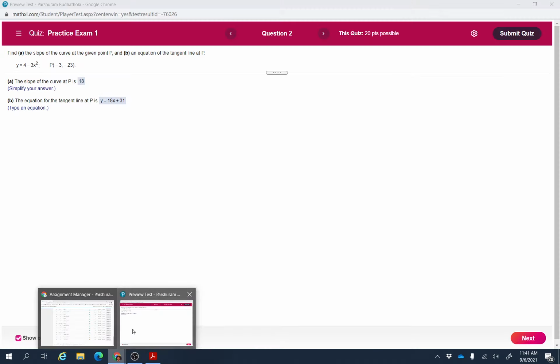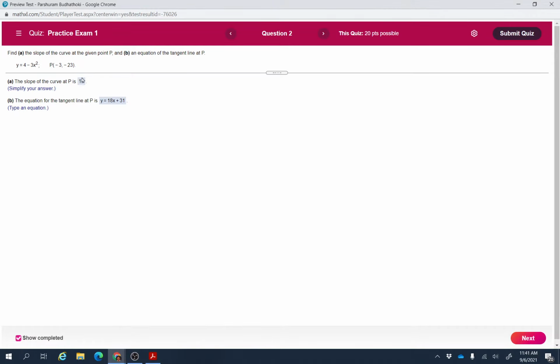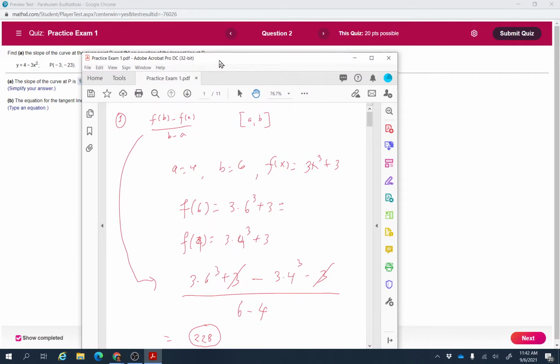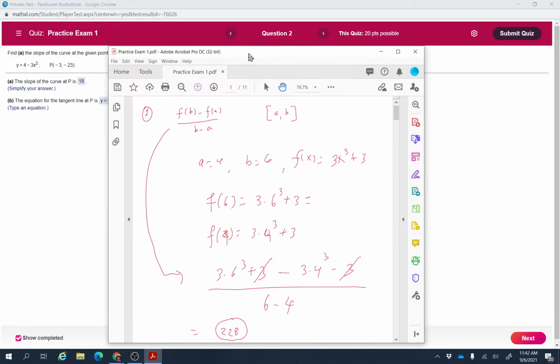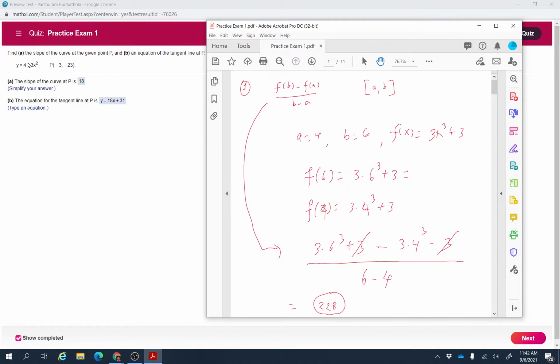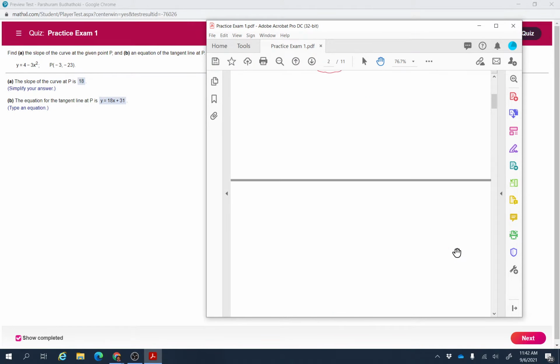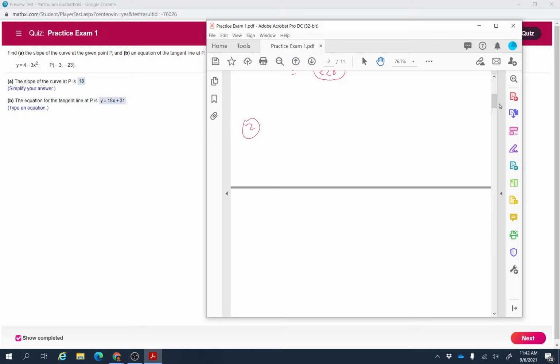Okay, once again, let's take one completed work. The answer is already given, but I'm going to explain to you how you can get this answer. Same thing, here we are going to find out the slope of this curve at this point. So problem 2, you can find the slope by using this formula, by finding this limit as h approaches 0.